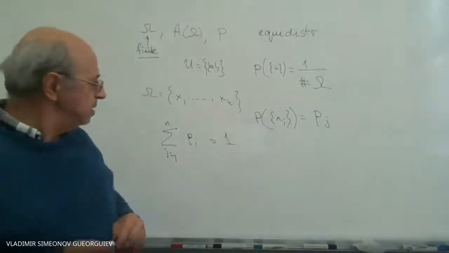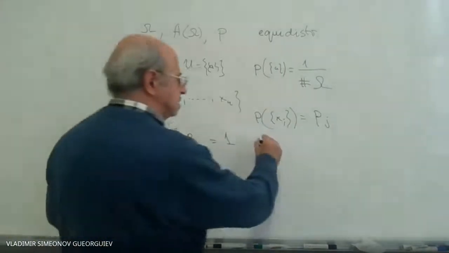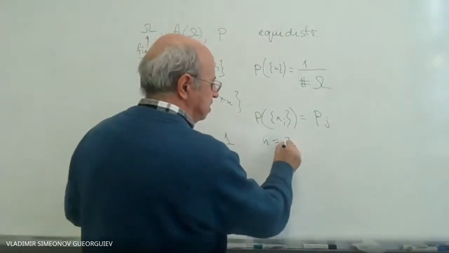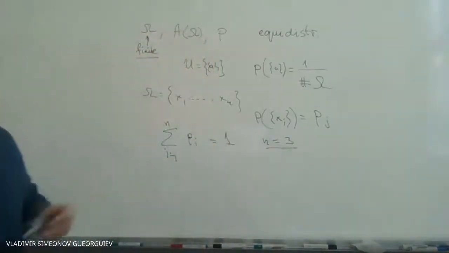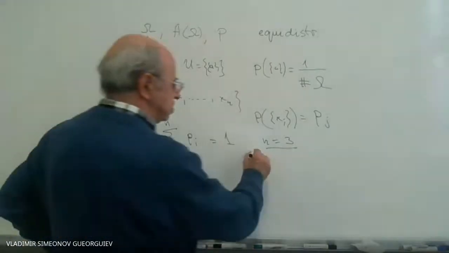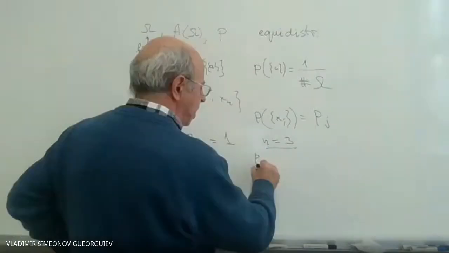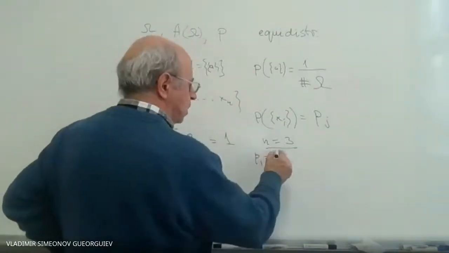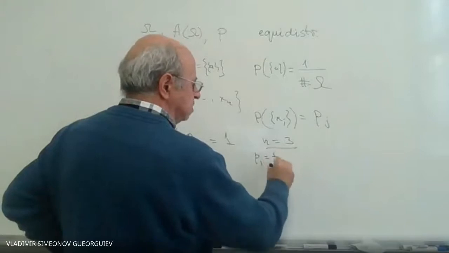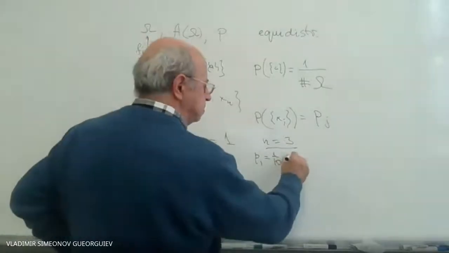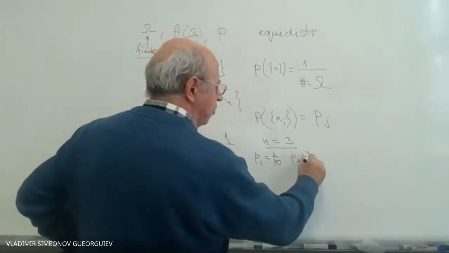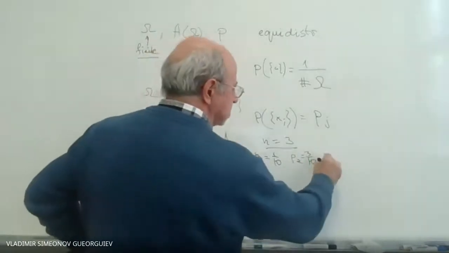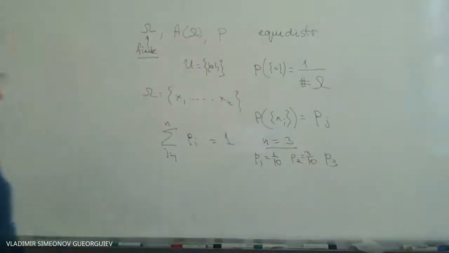Therefore, if you have n equal 3, if you divide your group in 3 main ages, and you take one of these ages, you can say P1 is, for example, 1/10, the youngest group, P2 is 3/10, then I am asking you what remains for P3.